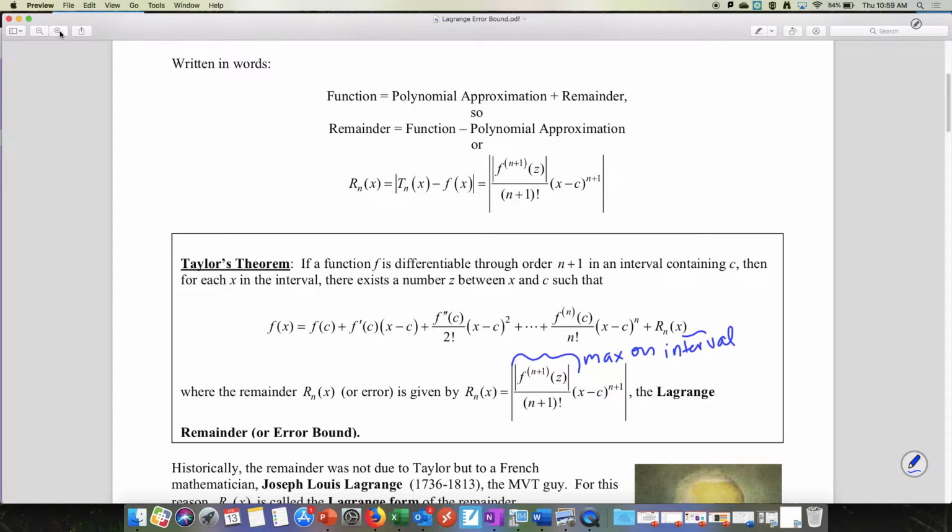Now, what numbers are you going to know? You're going to have to do a little bit of work, but you're going to be able to know this number right here. Obviously, you're going to know this number right here. C is where we were centered at.